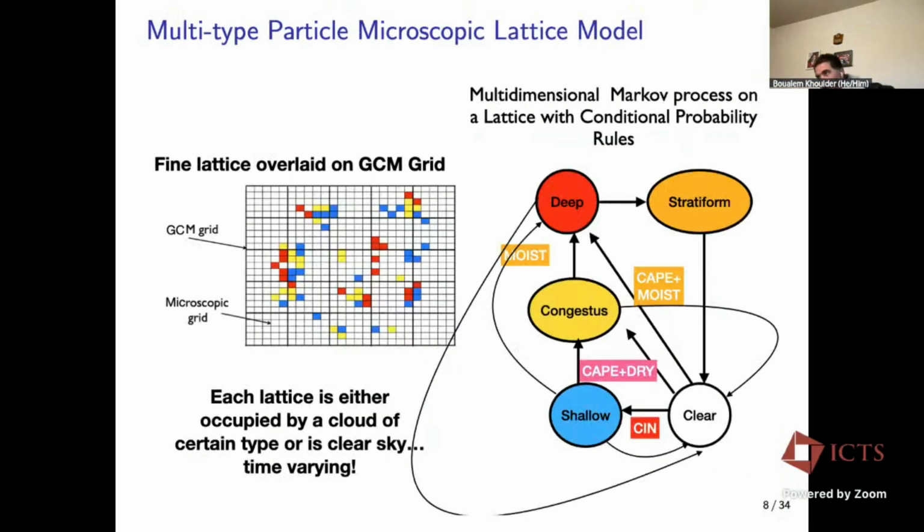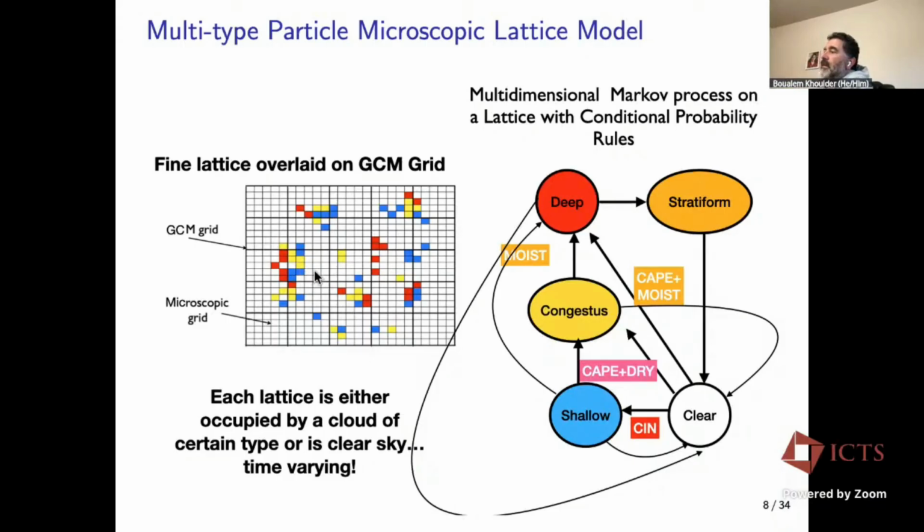So this is the framework of the stochastic multi-cloud model. So it's a lattice model. So we set up a microscopic lattice that's laid on top of the GCM grid box. You can think of the thick lines as the GCM grid, and then the thin lines are where you superimpose the fine lattice on the GCM grid box.